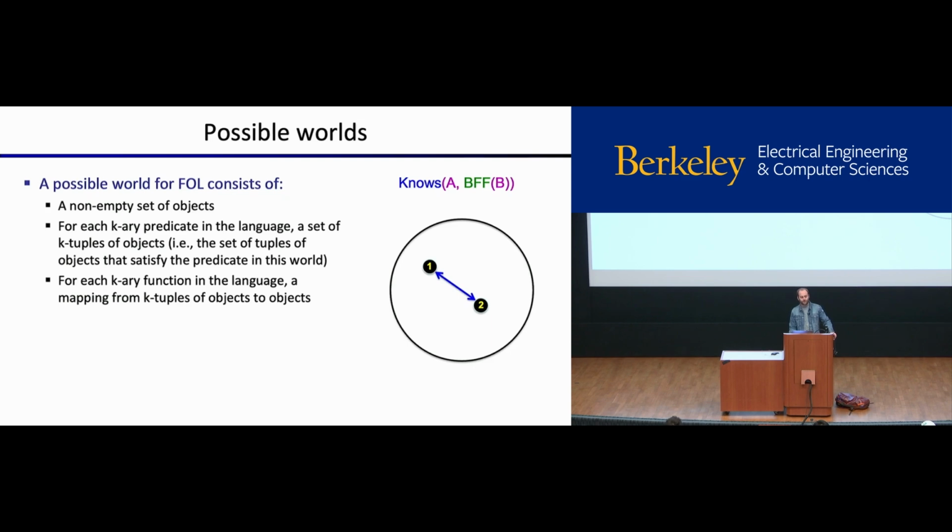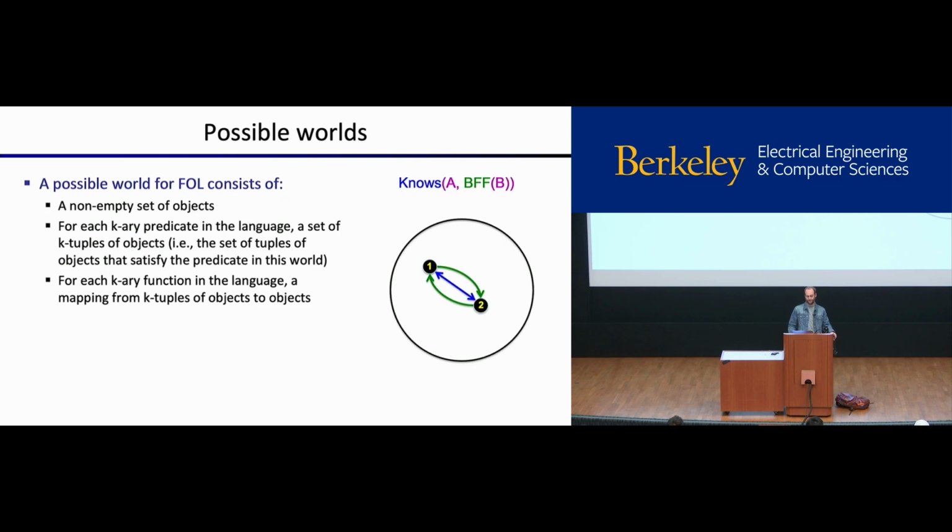For each k-ary function in the language, there's a mapping of k-tuples of objects to objects. So we have one unary function, which takes one object and returns another object. The possible world has to say, what's the behavior of that function when 1 is input? What's the behavior when 2 is input? So there's a possibility: BFF of 1 is 2, BFF of 2 is 1.